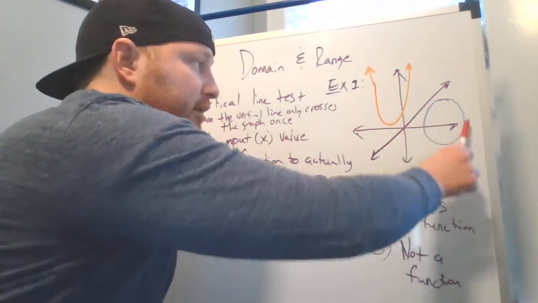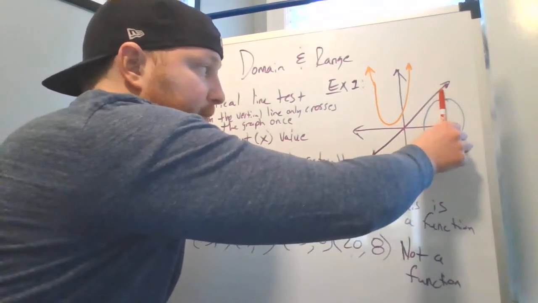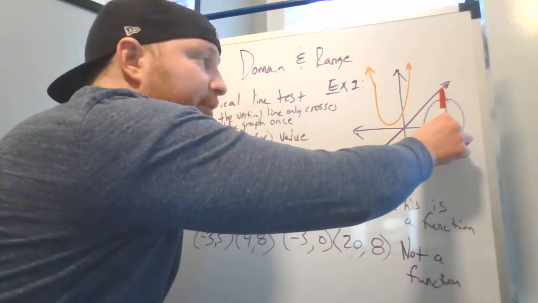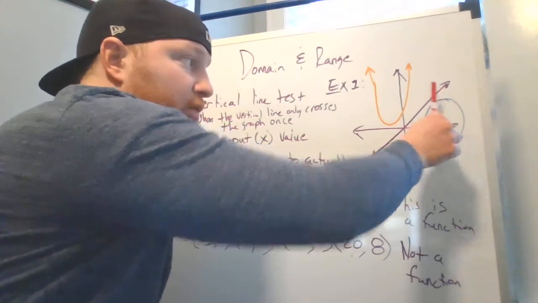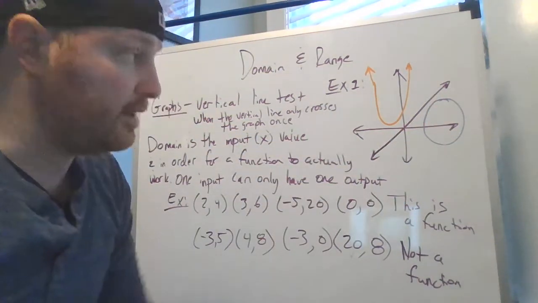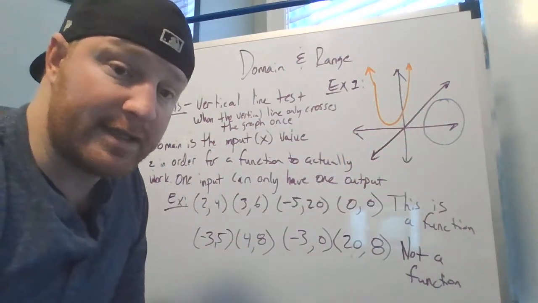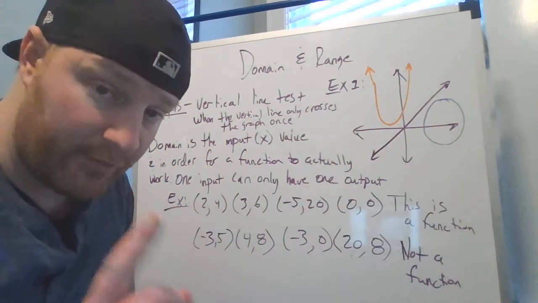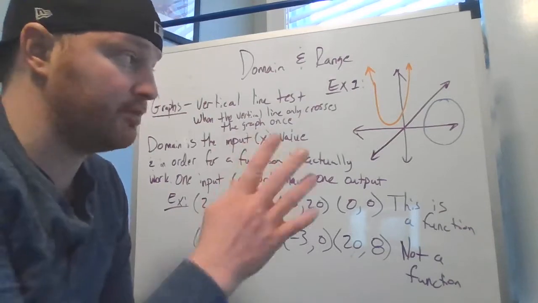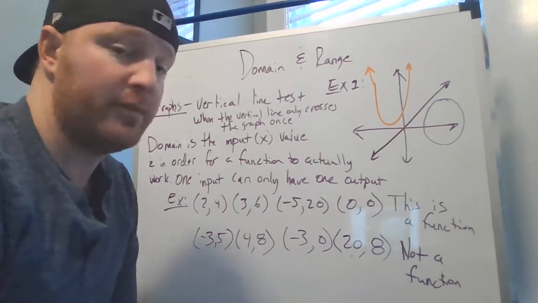Now this right here is a circle, okay? And I can see that this does not pass the vertical line test because when I put the vertical line over it, it crosses both here and here, or here and here. No matter where I put it, it's not going to work. If it crosses more than once, then it doesn't work out. Think about it.